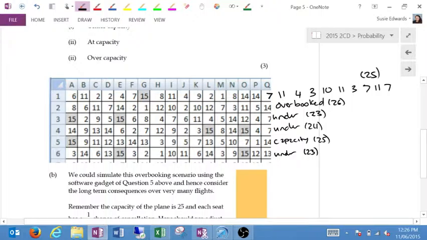So you just need to finish the rest of those lines off and answer A. And we're going to leave it at that for simulations.